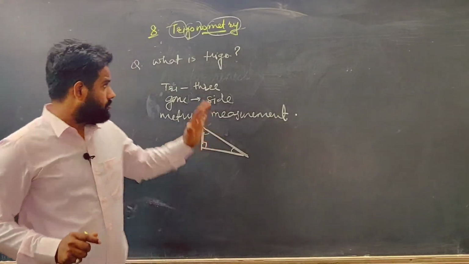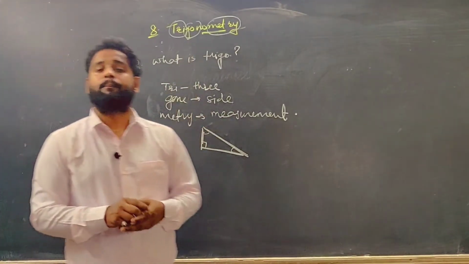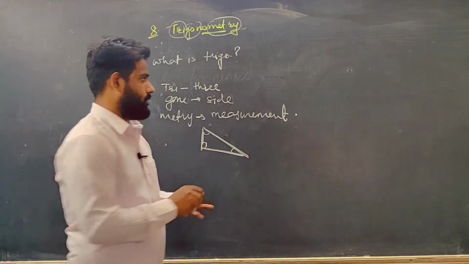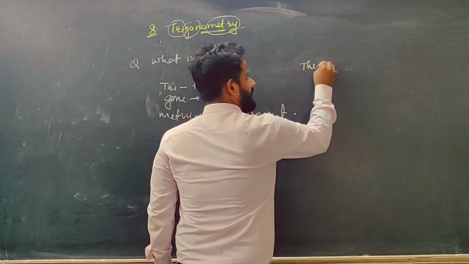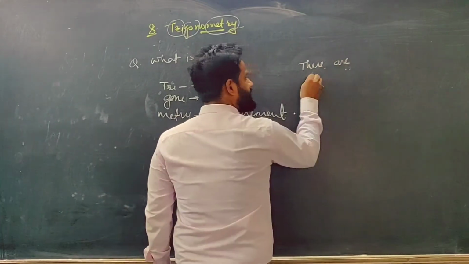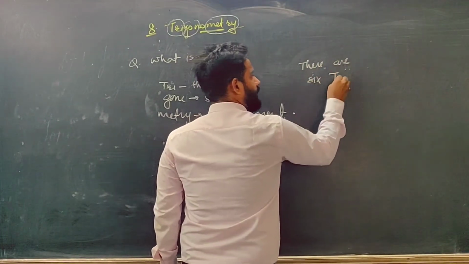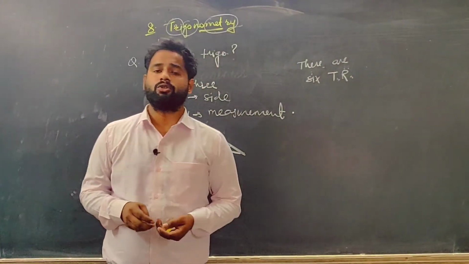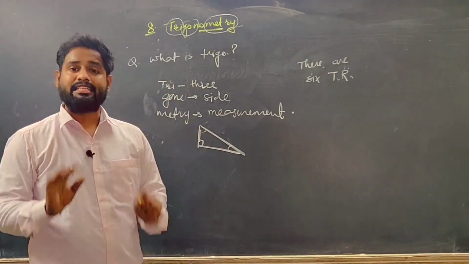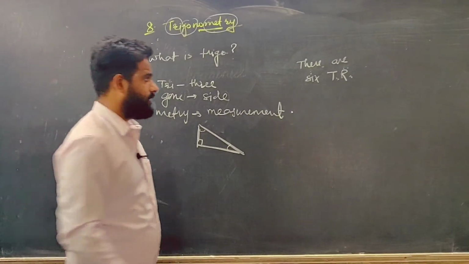Okay. So basically trigonometry comprises trigonometric ratios. There are 6 trigonometric ratios. You have to remember there are 6 trigonometric ratios which have been discovered.